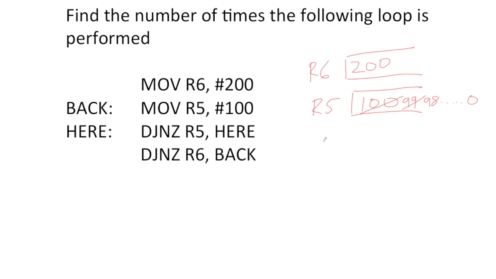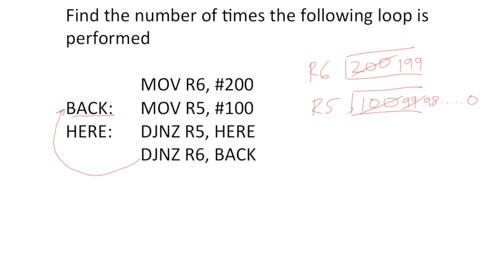Next, in this instruction, we see that we have to decrement R6 by 1. So R6 now becomes 199, and since this is not equal to 0, we jump back to this instruction located at the memory location.